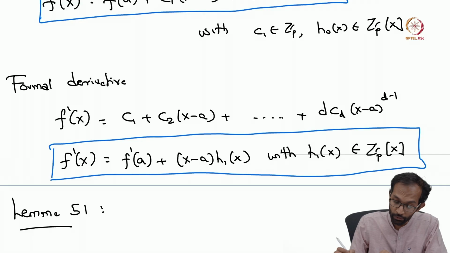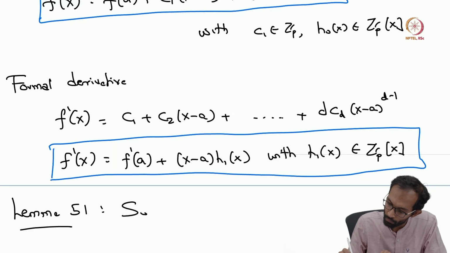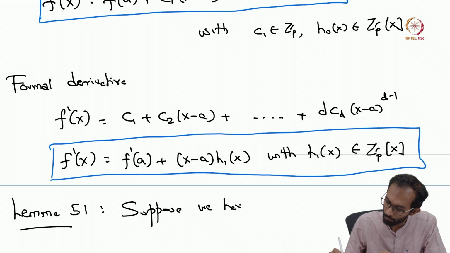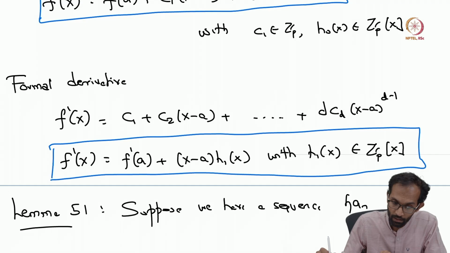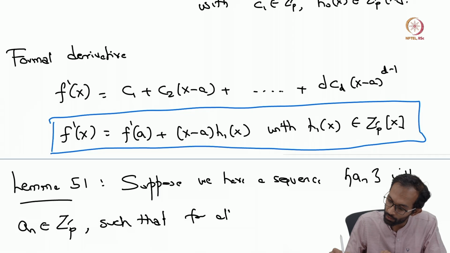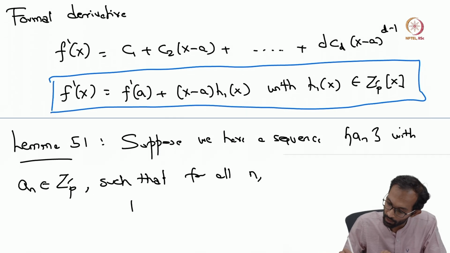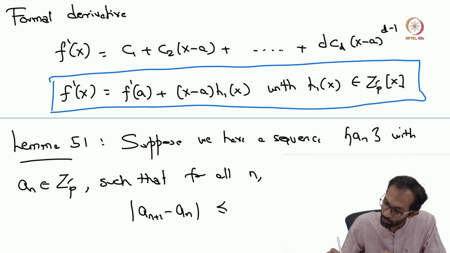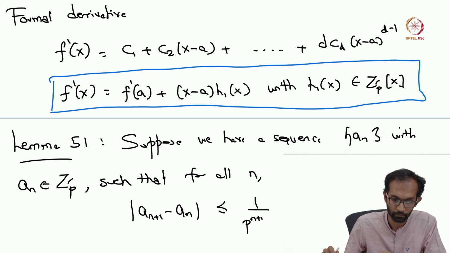And again, before the proof, just one more lemma. So suppose we have a sequence, say an, where these an's are in Zp, with the property that for all numbers n, the p-adic absolute value of an plus 1 minus an is less than or equal to 1 over p to the n plus 1.